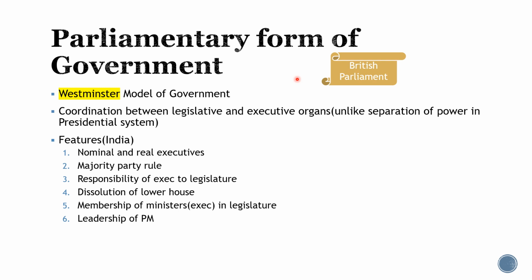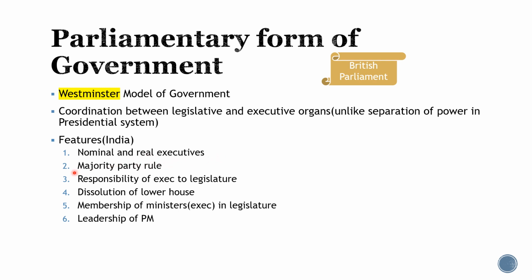And how that is implemented for us here is that we have a nominal and a real executive. The nominal executive is our president, the nominal head. And then we have the real executive, which is the prime minister and the council.